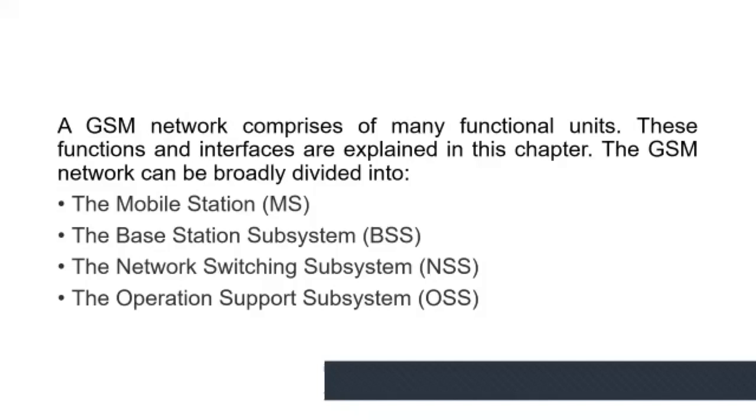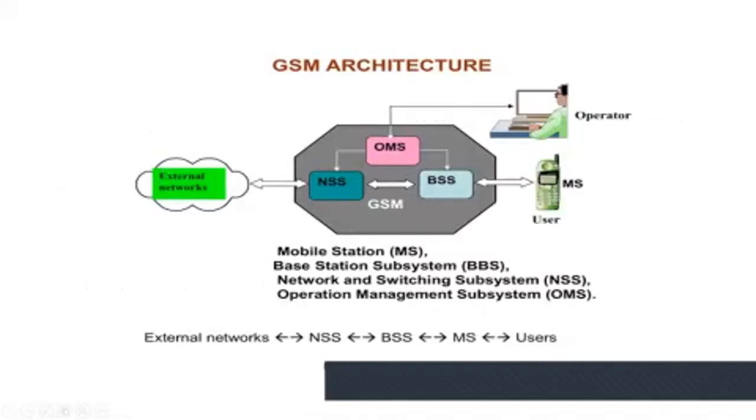Now, this is the GSM architecture. The external network is connected to NSS, OMS, BSS and GSM. With BSS, the mobile station, that is the user, is connected. With OMS, that is the operation management system, the mobile operator is connected.